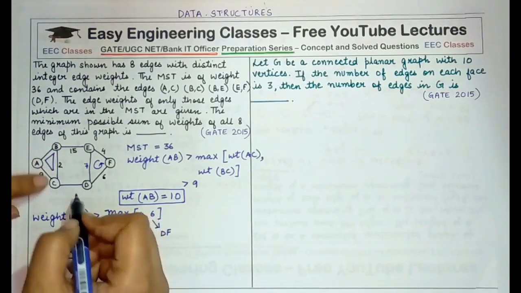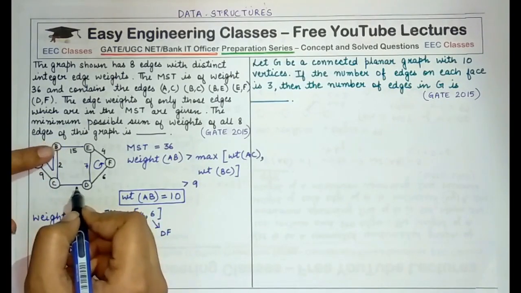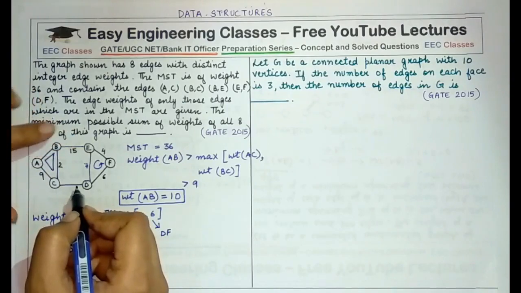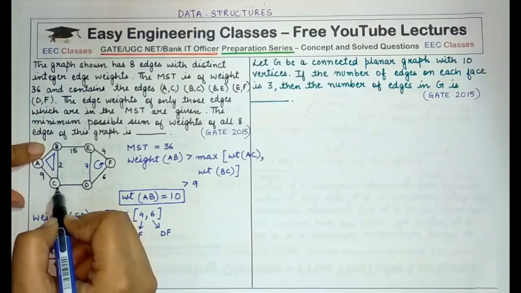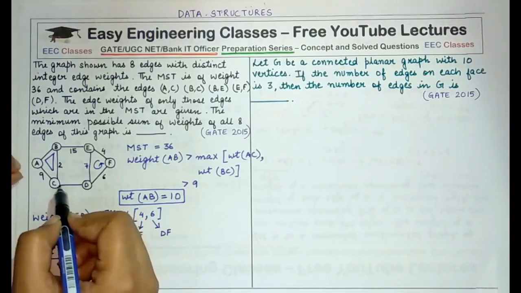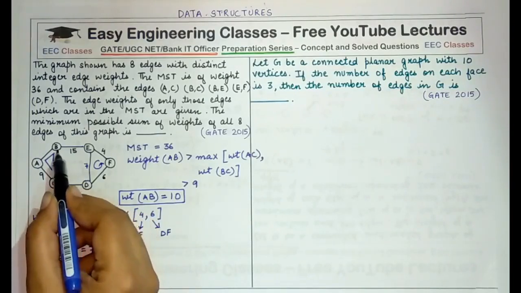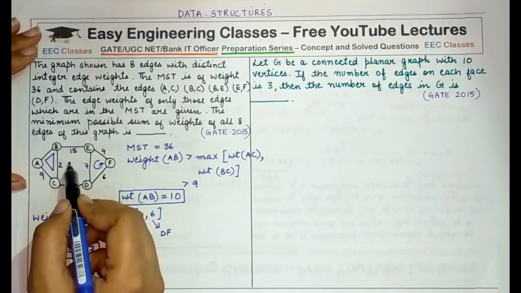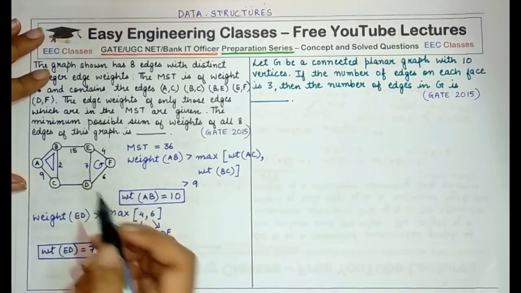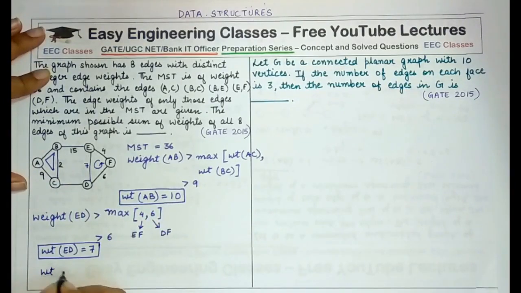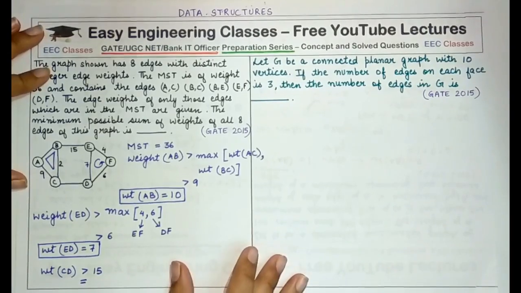So because 15 is an edge that is chosen over the edge CD, this edge CD would even weigh more than the edge that has been selected in the minimum spanning tree. Alright, so we can assume that the weight of CD must have been greater than 15, and therefore we are assuming it to be 16.